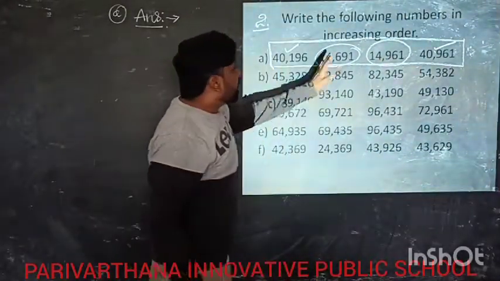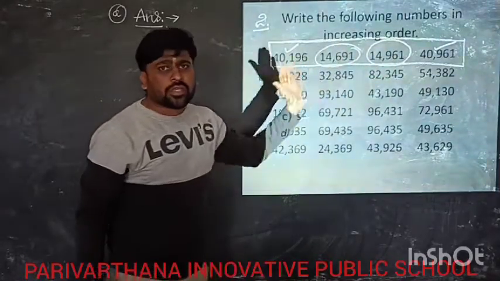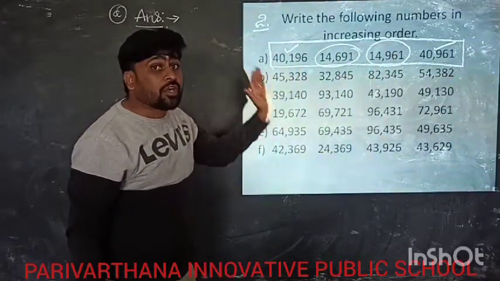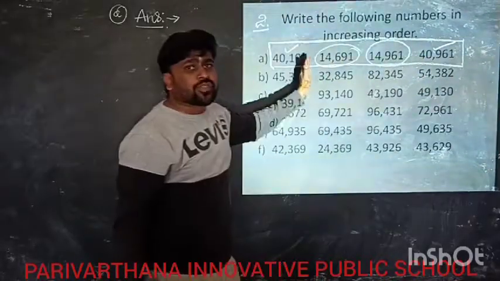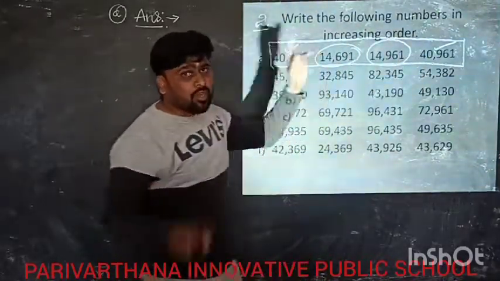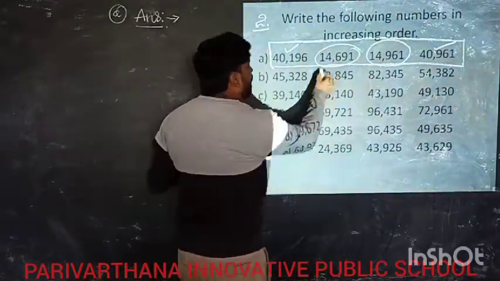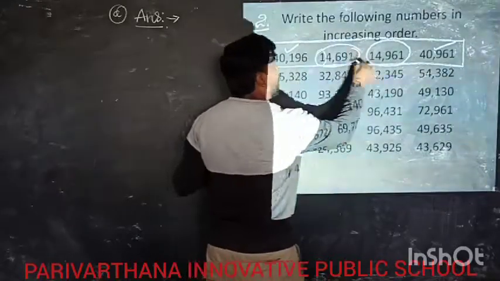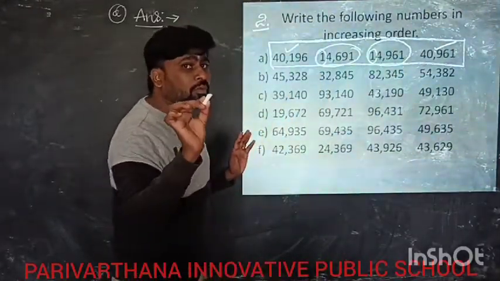Correct? So this may come first, or this may come second, like that we have to compare which one comes first. That means these two numbers come in the third place and fourth place. Okay na? Now in the 10,000 place 1, in the 10,000 place again 1, we cannot find out which is the small number.